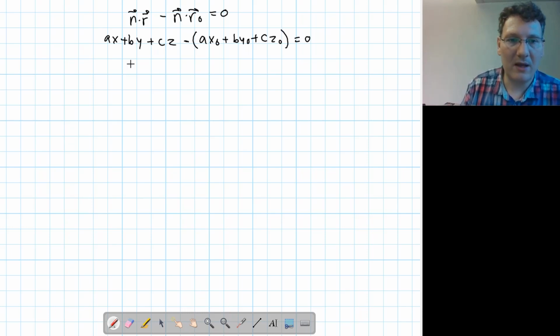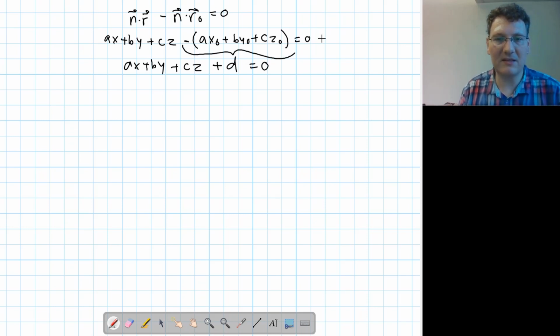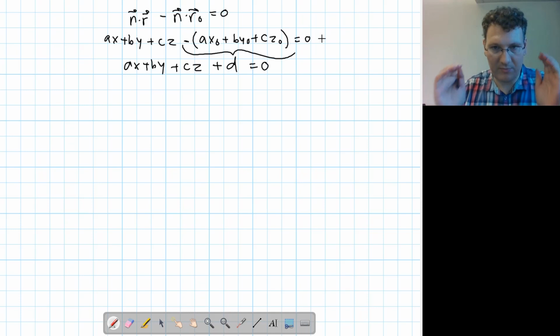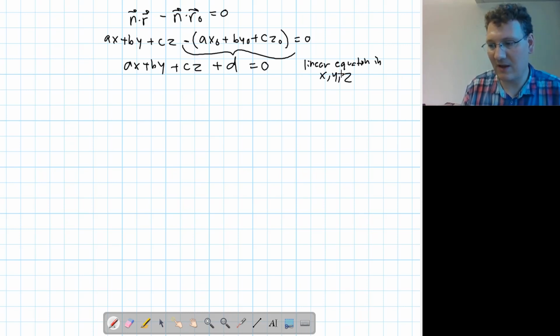And what we write is ax plus by plus cz plus d equals 0, where d is just this negative sum. This is just another linear equation in x, y, and z, which would also define a plane.